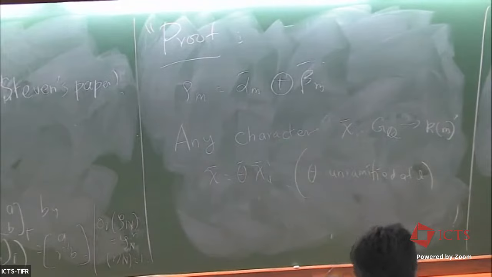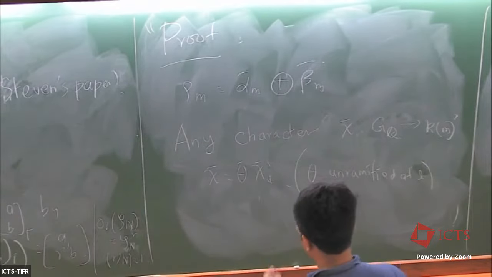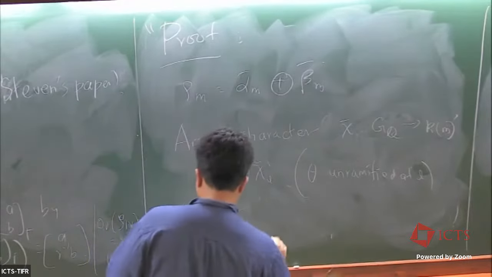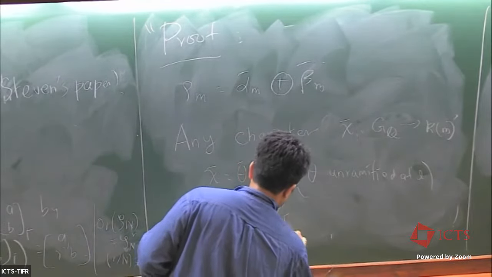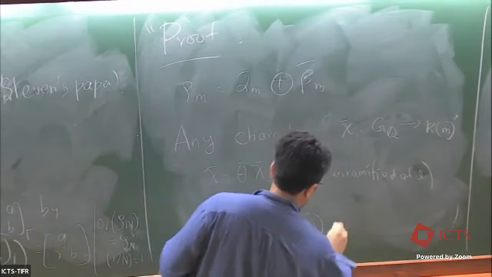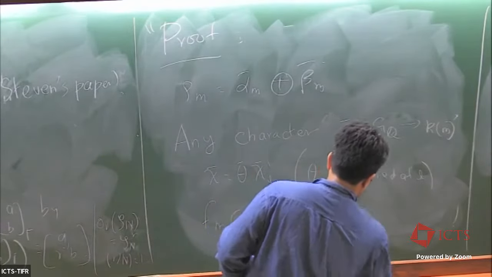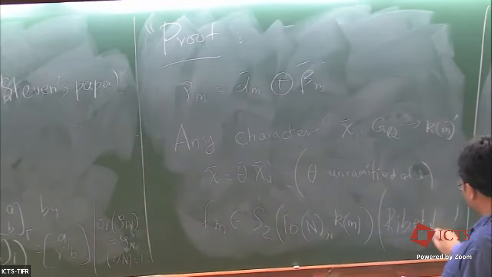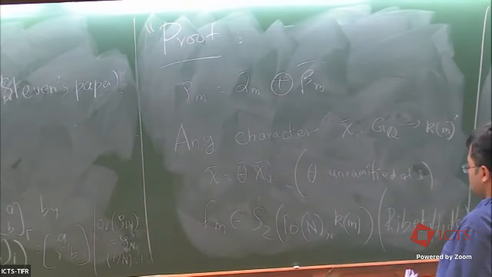Okay, so then for this Galois representation, there exist cusp forms Fm belonging to S2 of Gamma naught of N Am. So this is a result due to Ribet, and Hida also, he is not here, but Hida uses this thing, but it is well known.